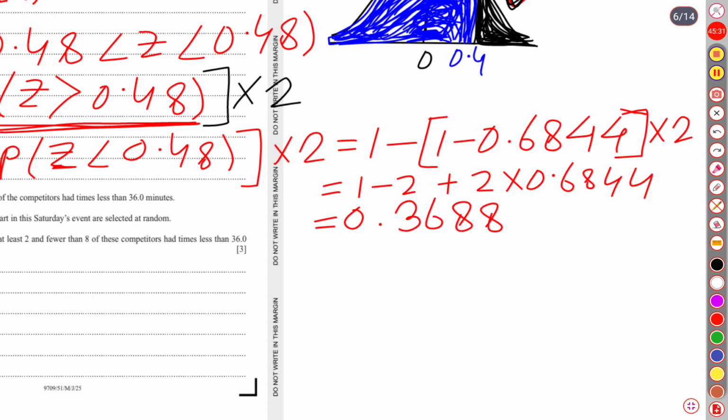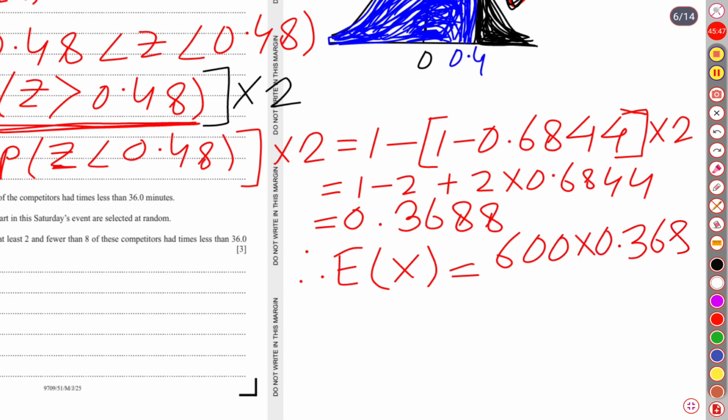Hence E(X) is equal to the total number, which was 600, so we multiply by 600 into 0.3688. Finally, if we multiply this, it is going to be 221.28.